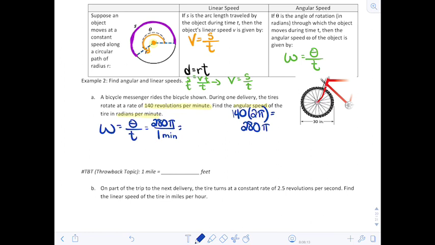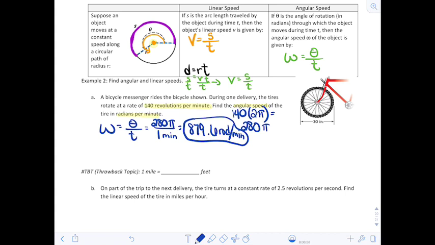So now that I have 280 pi per minute, we're going to convert that to a decimal. 280 times pi gives me 879.6, again, radians per minute. Great.